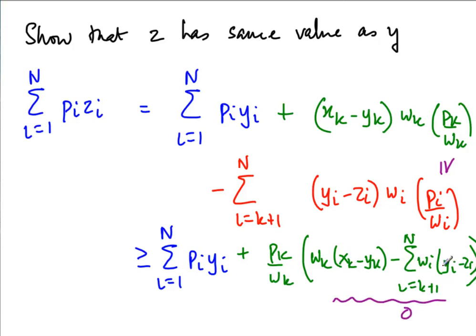Wk into xk minus yk is equal to the summation. So this entire term now disappears. So therefore we have that the summation of zi into pi is greater than or equal to summation of yi into pi. But it cannot be greater than, right? Because y is actually an optimum solution. The z cannot be more than y. So therefore, this must actually be equal, right? So this is how we show that z has the same value as y.